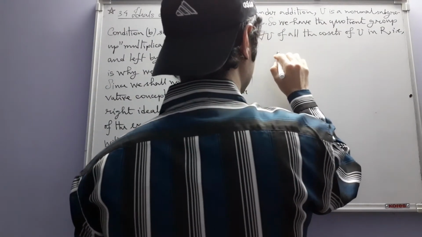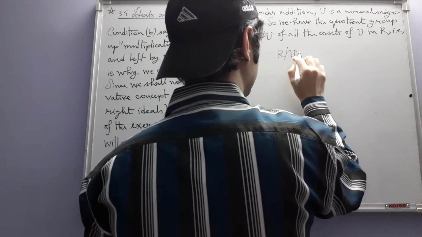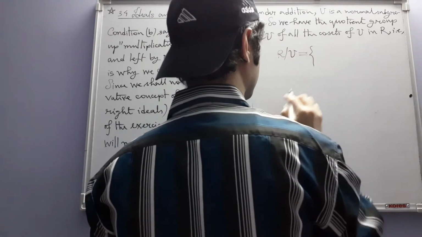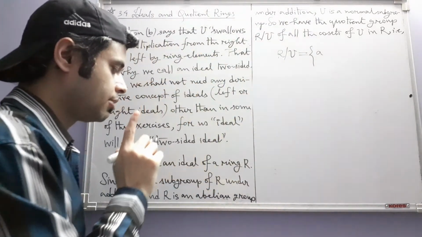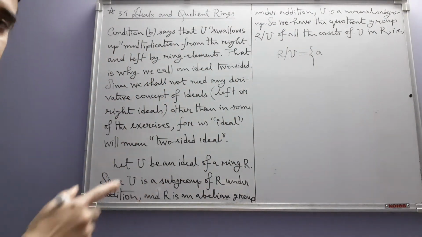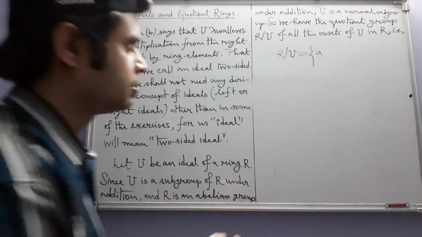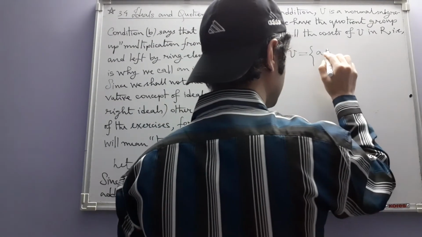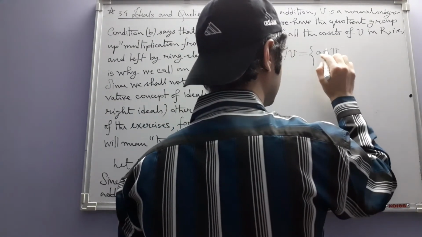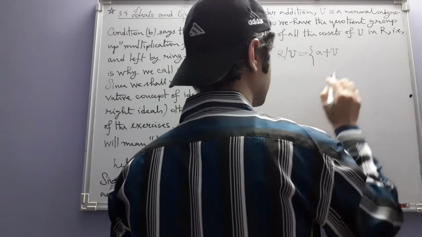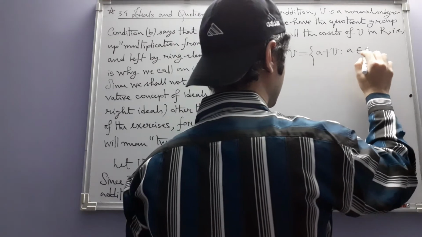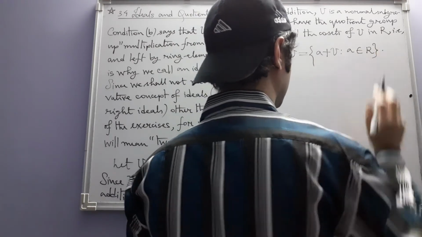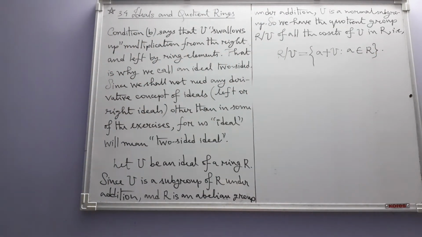That is, R by U is the set of all cosets. We can now simply write coset, but note that since our binary operation is addition, instead of writing AU, we are going to write A plus U, where A is any element in R.